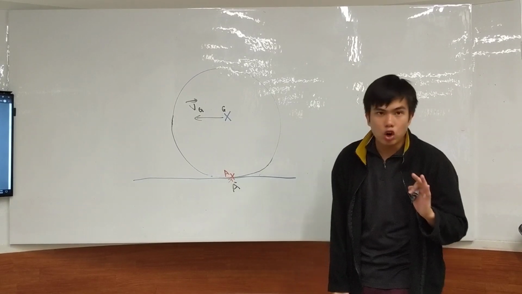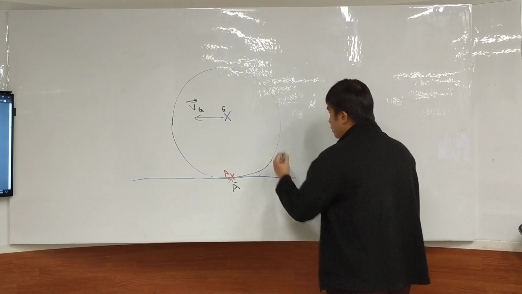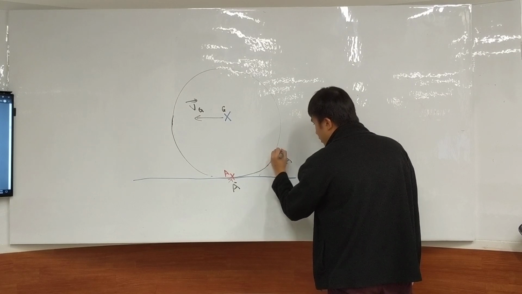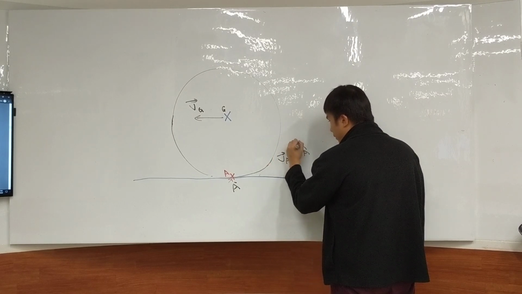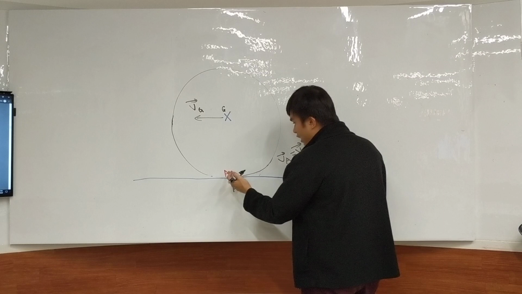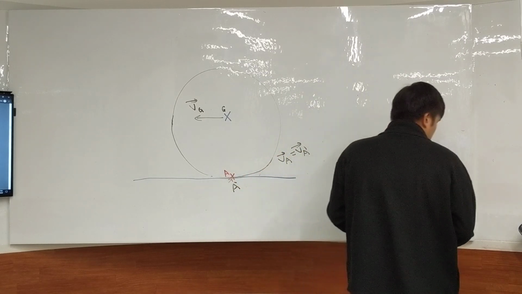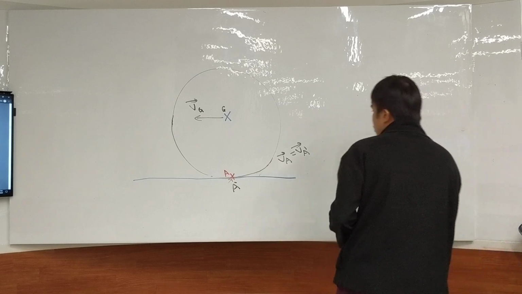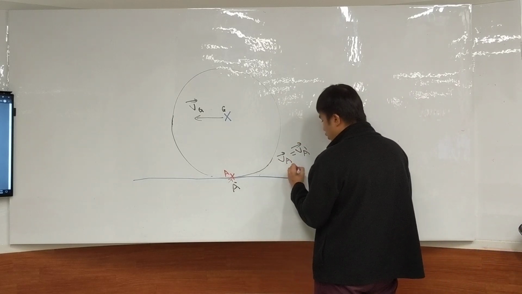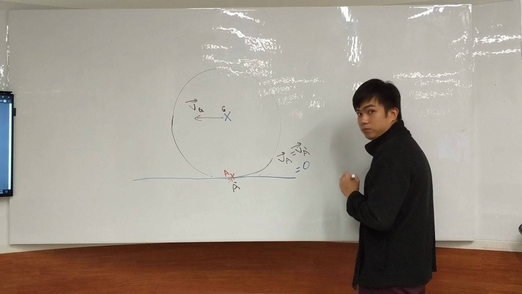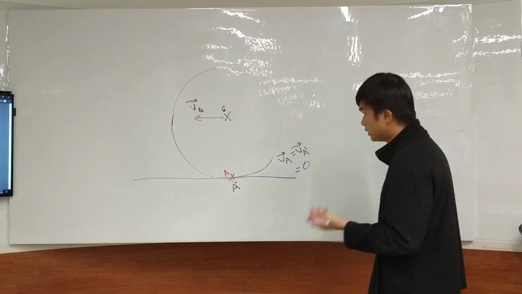According to the principle of rolling without slipping, velocity of A must be equal to velocity of A prime. Please take note again, A belongs to the wheel and A prime belongs to the ground. Apparently the ground is not moving, so we can straight away say that velocity of A is equal to 0. That's the first thing.